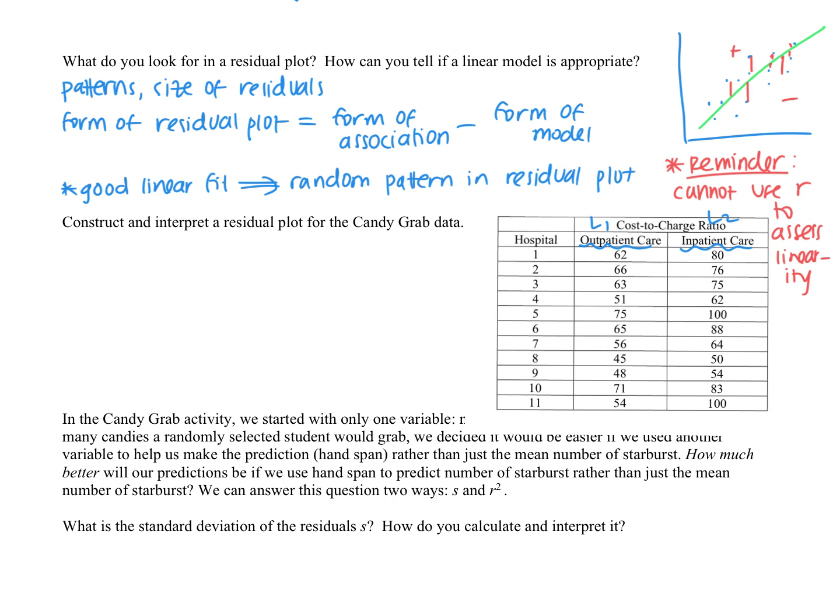Okay, we got all those in list 1 and list 2? Real quick, I want to make sure we remember how to do a few things. First thing I want you to do right now is calculate R and the least squares regression line. So do that right now. Calculate R and the least squares regression line.